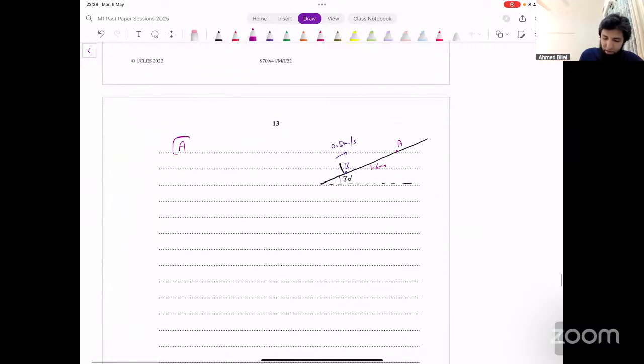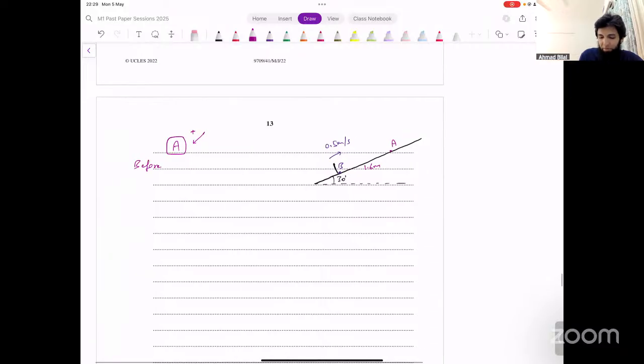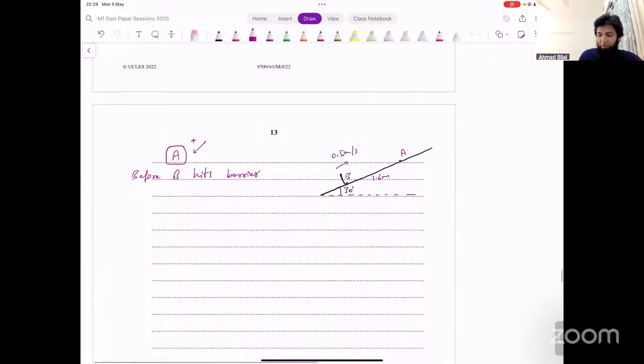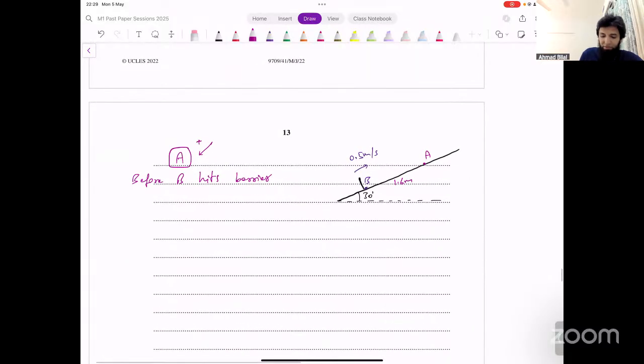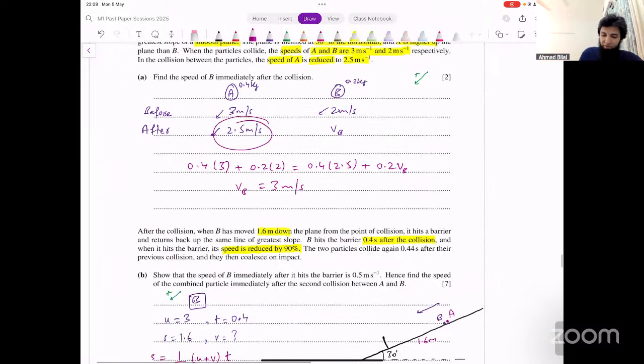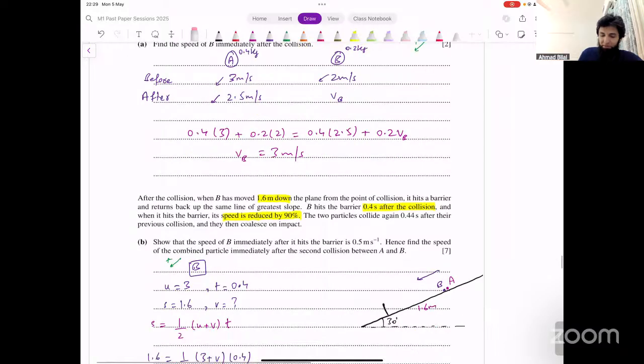So A was going downwards. What do we know about A for that part, before B hits the barrier? We knew that the initial velocity for A was 2.5 meters per second. Just after that first collision, its velocity was 2.5.